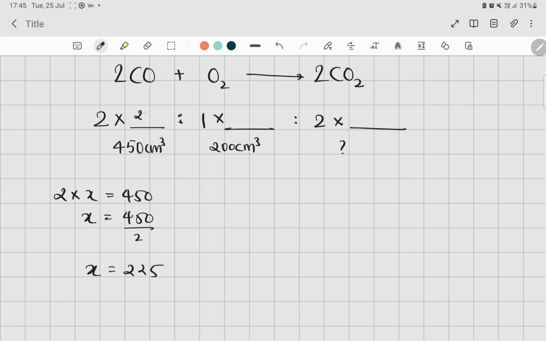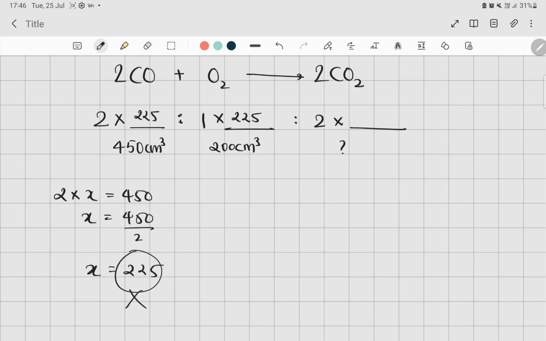Now if I put 225 here, 2 into 225 is 450, okay. But what about here? If I put 225 here, it means 1 into 225 equals 200. That does not support, which is not viable.